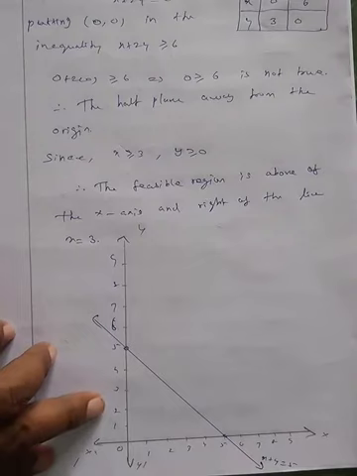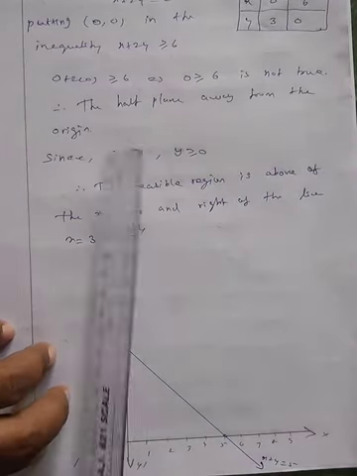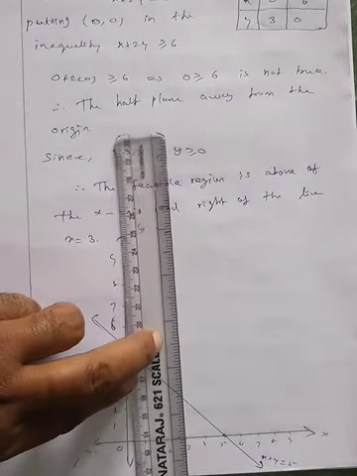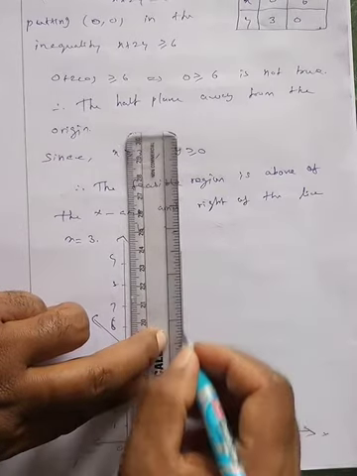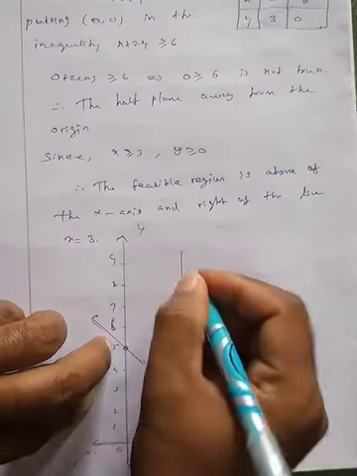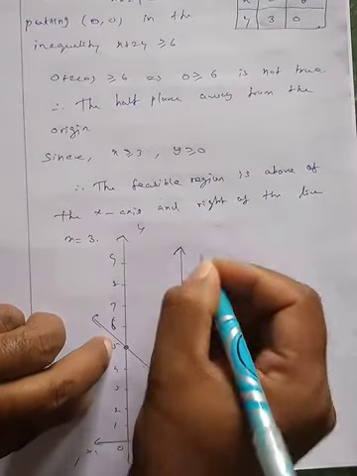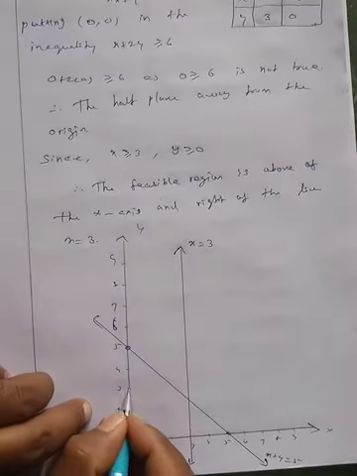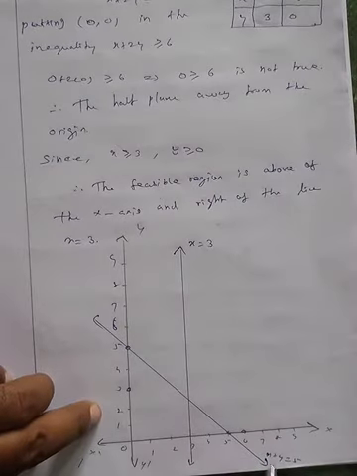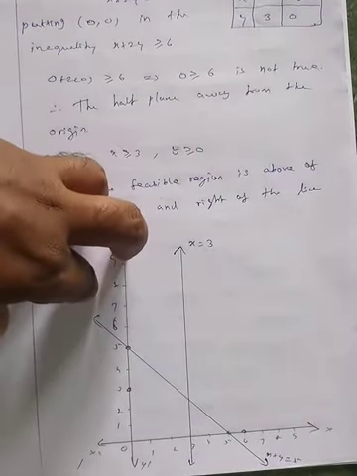Next x is equal to 3, a line parallel to the y axis and perpendicular to the x axis passing through 3. Next line: (0, 3) is one point, (6, 0) is another point. Now join.